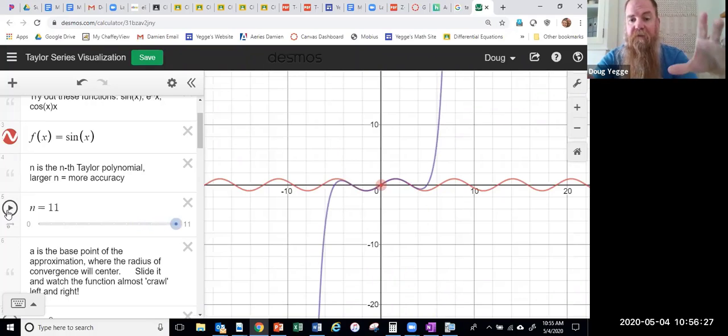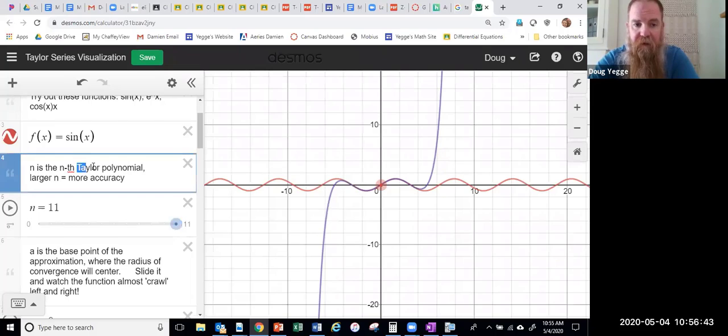Eventually, if I were to add an infinite number of terms, I would end up creating the curve for sine of x. So I could approximate sine of x with an nth degree polynomial, which we refer to as a Taylor polynomial, otherwise known as a Taylor series.